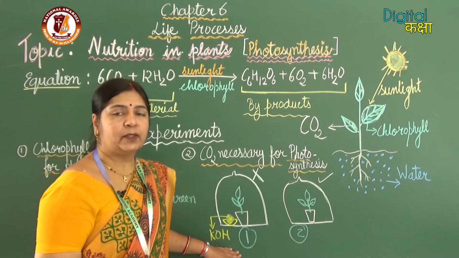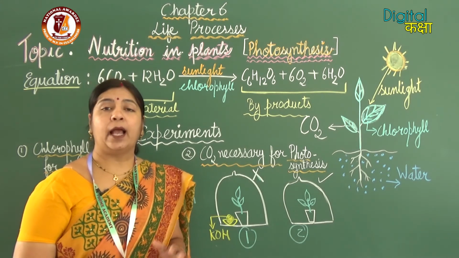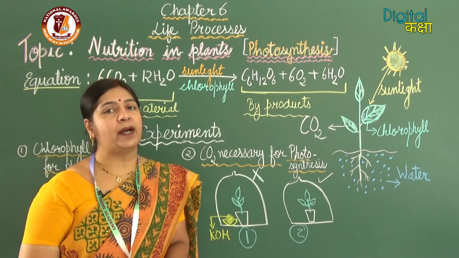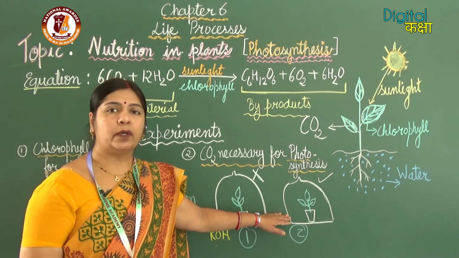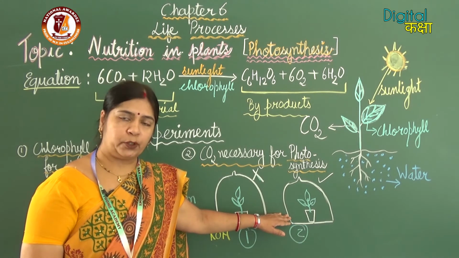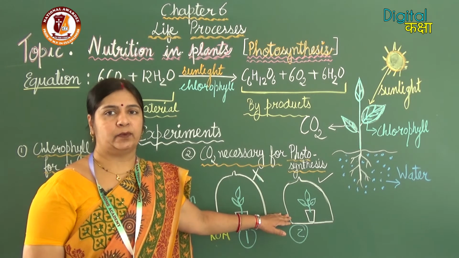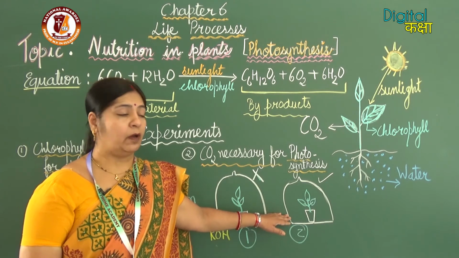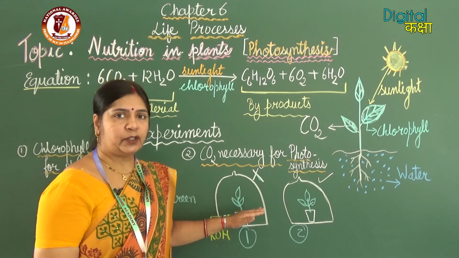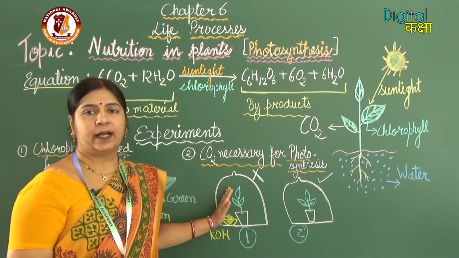And so in the absence of carbon dioxide, no photosynthesis will take place and no food will be prepared by the plant. And the second plant, where there is no KOH, CO2 is available to the plant, and here photosynthesis will take place and the plant will prepare food. So when we use iodine solution, this leaf from plant 1 will not show color change.